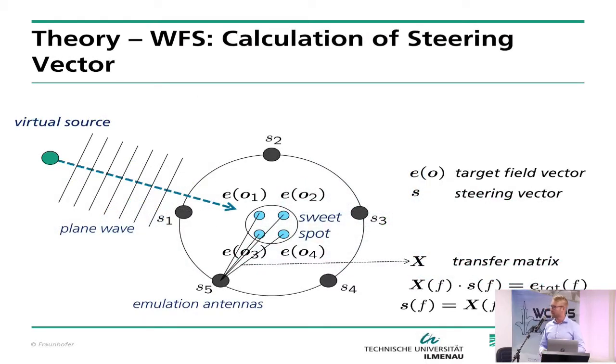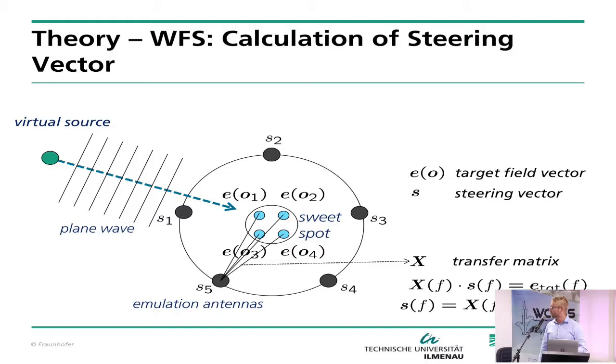And in math, we do it like this. Inside our sweet spot, we define certain points. And at these points, we want to have a certain electromagnetic field vector that we would have if we had the virtual source active here. And now we can tune the antenna weights in amplitude and phase, and do a certain superposition to produce this field.